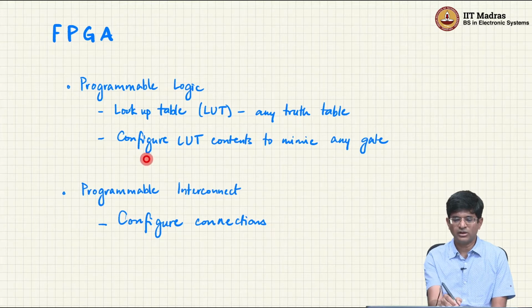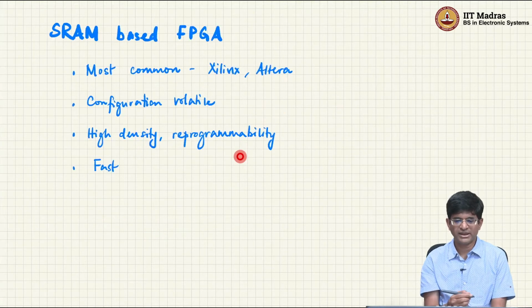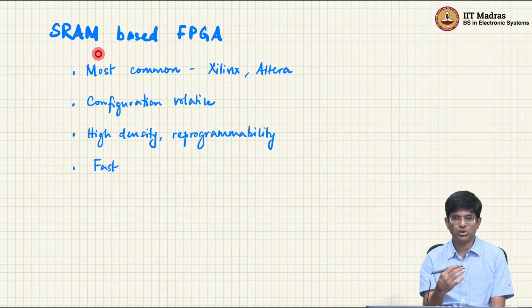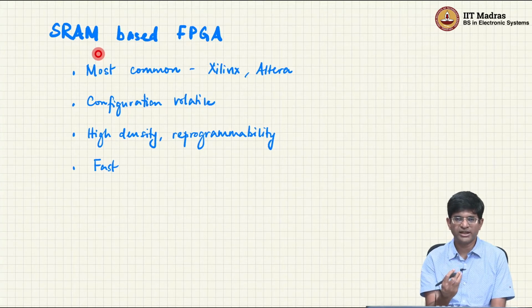And that configurable LUT can now mimic any other kind of gate that I want. What the SRAM cells over here in this SRAM based FPGA do is they literally hold the contents of the LUTs, or at least they program the contents of the LUTs in such a way that now each LUT directly has a certain behavior. I can just apply inputs to it, and with a very small picosecond to nanosecond kind of delay, the output is actually present at the output of that LUT, right.